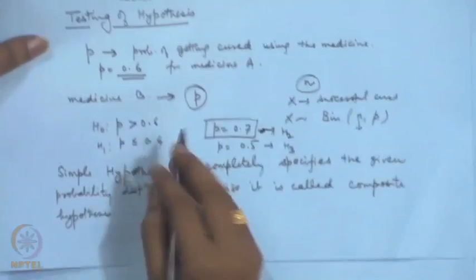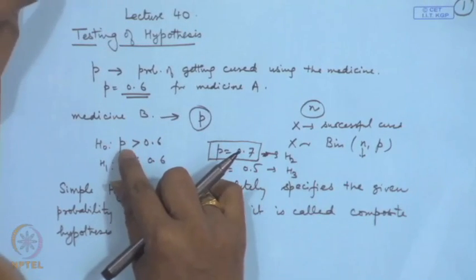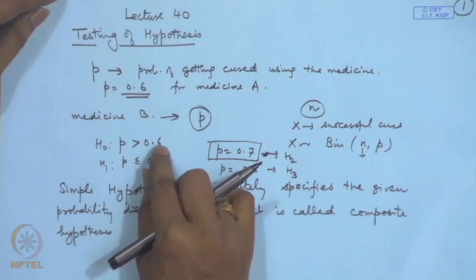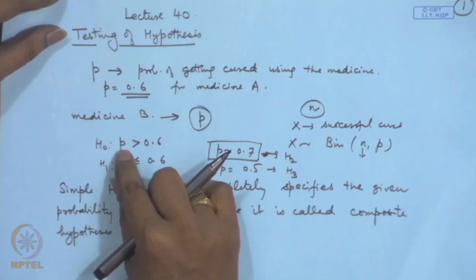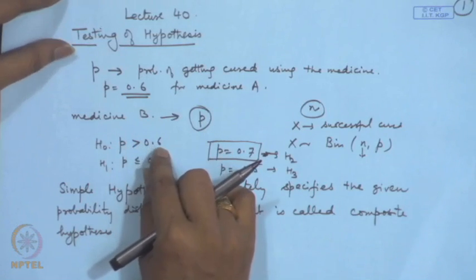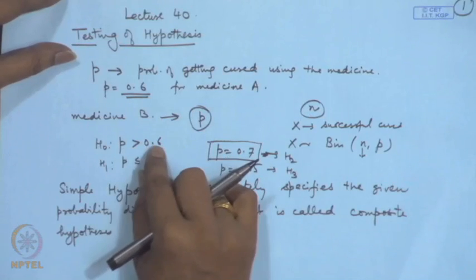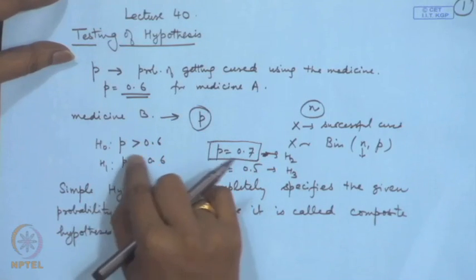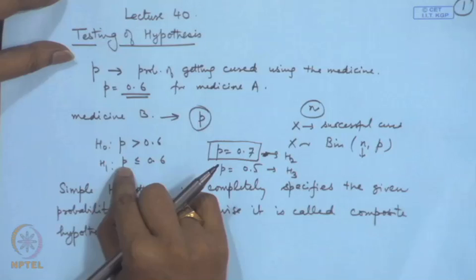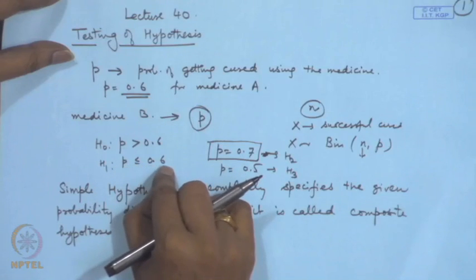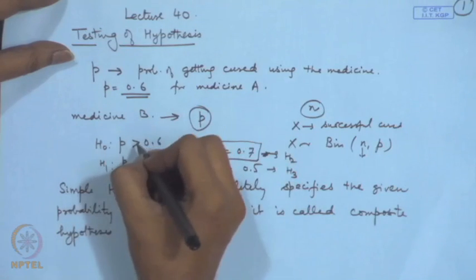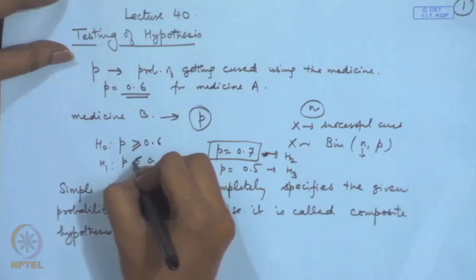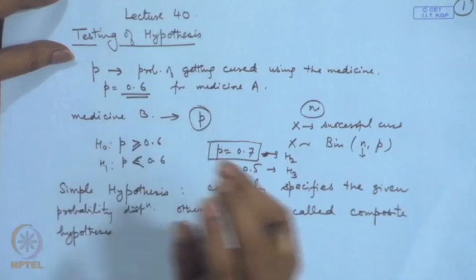We framed this problem here that we want to test whether the new medicine is more effective than the previously used medicine. So, we have framed a hypothesis whether p is greater than 0.6 and then we say whether it is more effective or not. The 'or not' statement corresponds to p less than or equal to 0.6. We may also put greater than or equal to here and less than there; of course, it does not matter here.